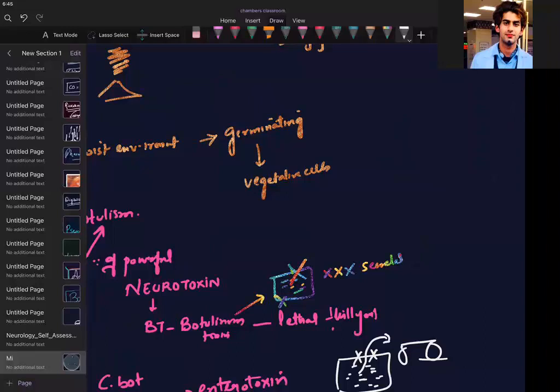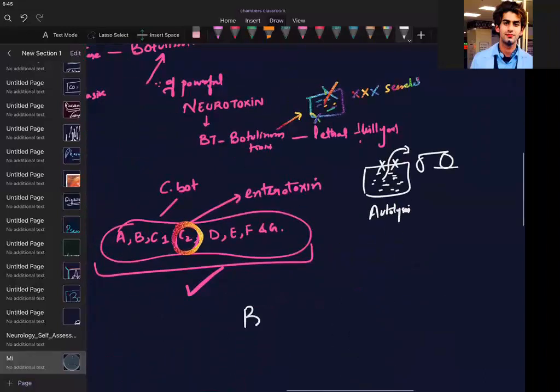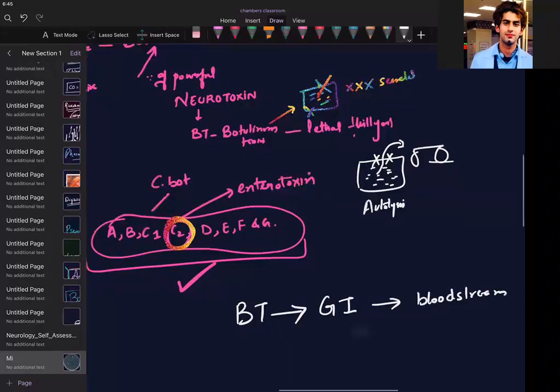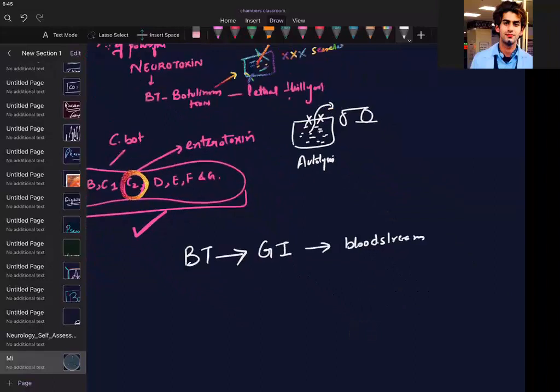Now this botulinum neurotoxin will be absorbed, will go into the GI tract, and from there into the bloodstream. Stop me where you are not able to understand. Don't tell me in the end that you didn't understand. So Bt, GI, then it goes to the blood circulation, because the GIT is the absorptive surface, isn't it? It will get absorbed.